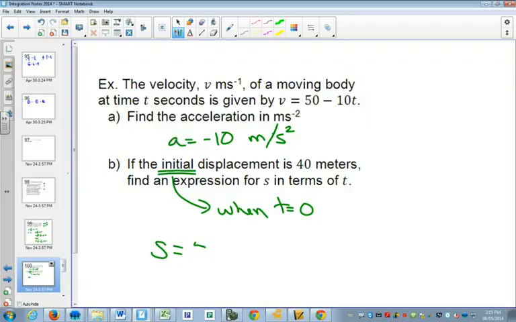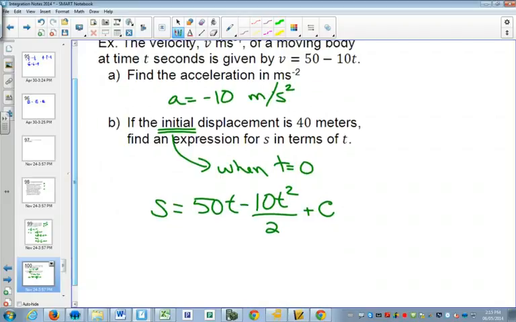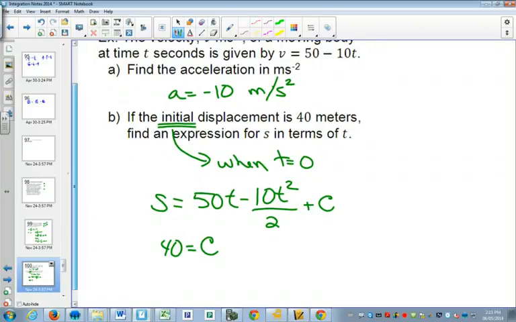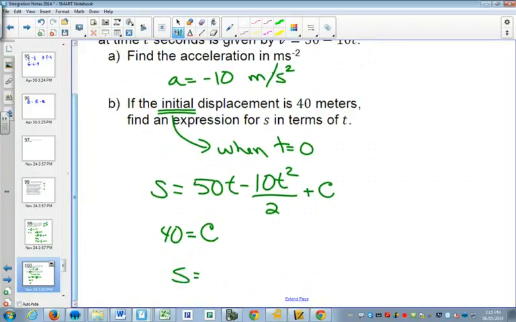Original V, so, and when I plug in 0 for T and 40 for S, I get that C is 40. So S will be equal to 50T minus 5T squared plus 40.